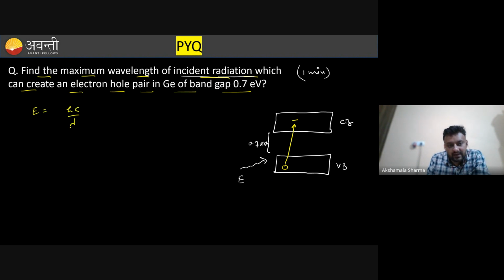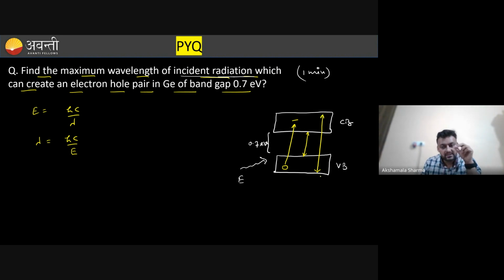E is hc by lambda. Clear? For lambda to be maximum, or you can say lambda can be written as hc by E. What is this band gap? Band gap, can you say it is the minimum energy difference of these two bands? This difference is the band gap. If an electron jumps, it may jump from the lowest energy level of the valence band to the highest energy level of the conduction band as well.